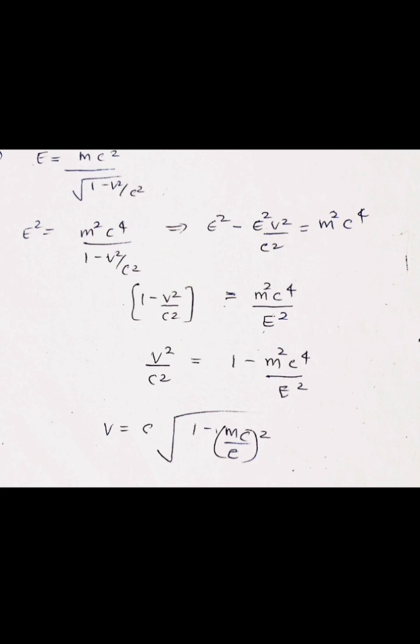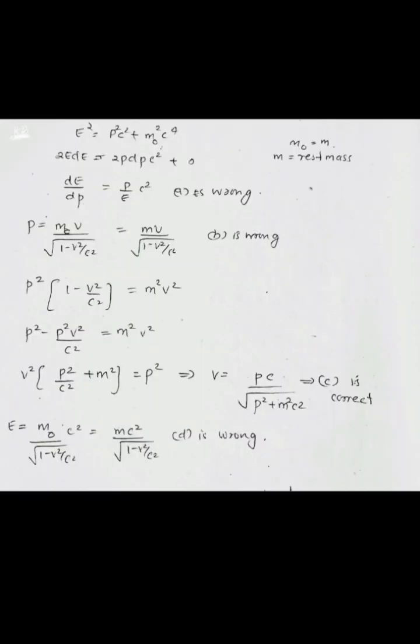Squaring this, we get E² is equal to m²c⁴ divided by 1 minus v²/c². So E² minus E²v²/c² is equal to m²c⁴. That is, 1 minus v²/c² is equal to m²c⁴/E². So v²/c² is equal to 1 minus m²c⁴/E². So we get v is equal to c times the square root of 1 minus (mc²/E)². So this is the answer.